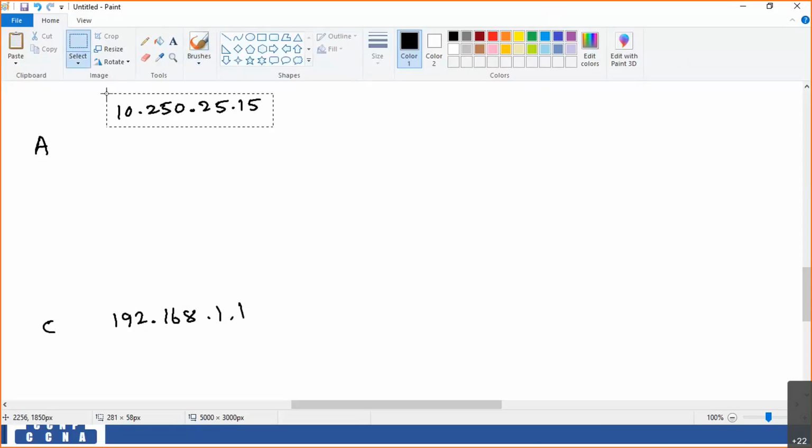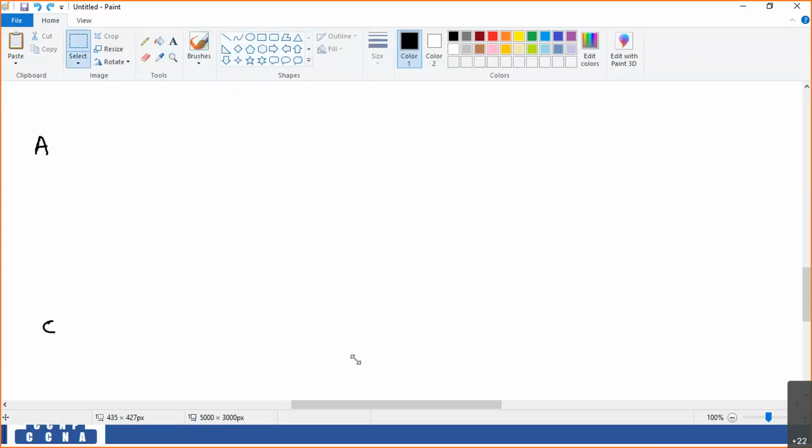For Class B, 172, and for Class A, 10.0.0.1. You asked me before, Daniel, why if we talk about Class A, why 10? That is what I'm explaining here. The range is from 0 to 127, so in between I can use anything. So what is the range of Class A?